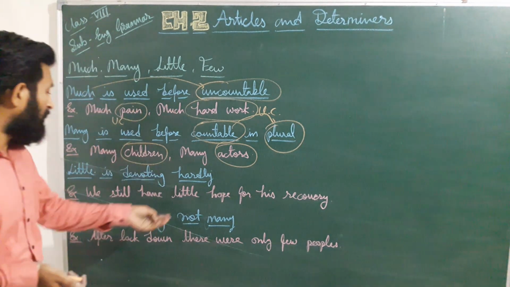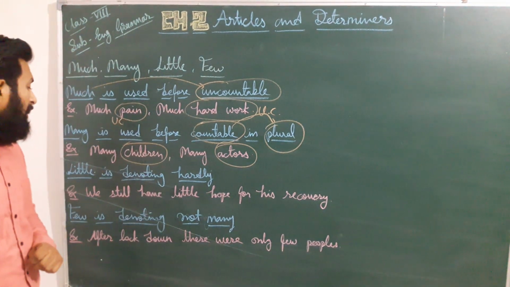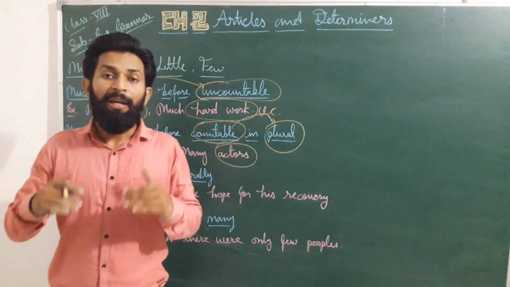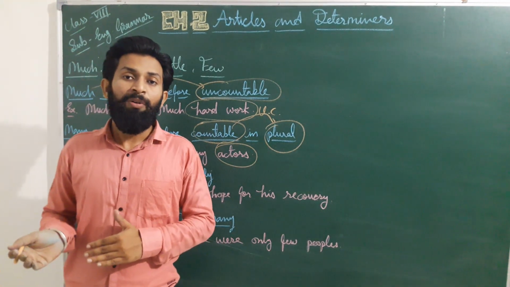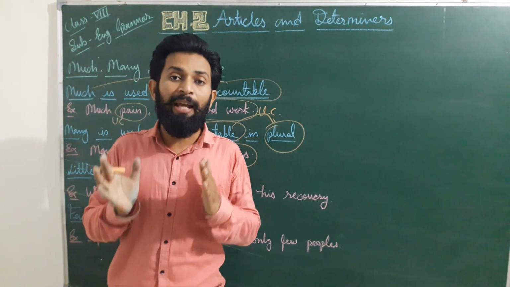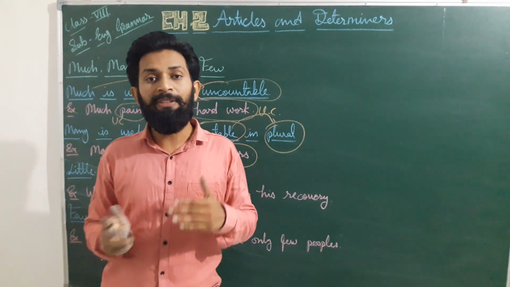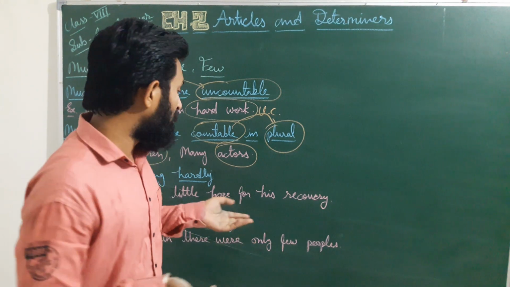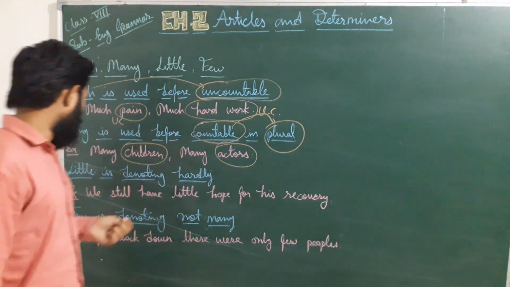Then in that case we have to say little hope for his recovery. There is a little milk in the pot, we can't make tea from that. Means a little is giving a negative sense. In a negative way we can say that there is no chance of any type of action happening.